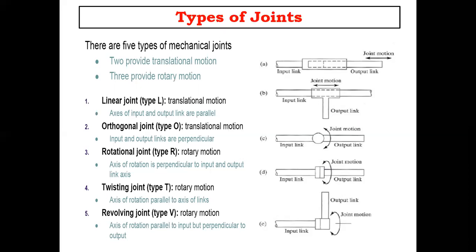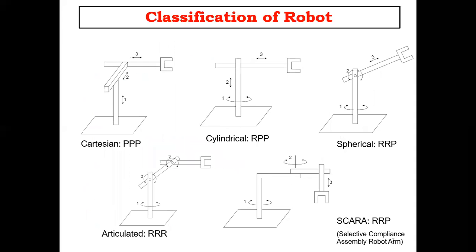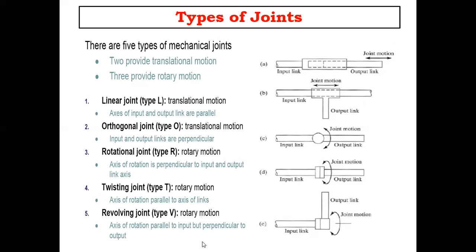Linear joint means the axes of input and output links are parallel. Orthogonal joint means input and output links are perpendicular. This is the difference, but these two define the translation motion.